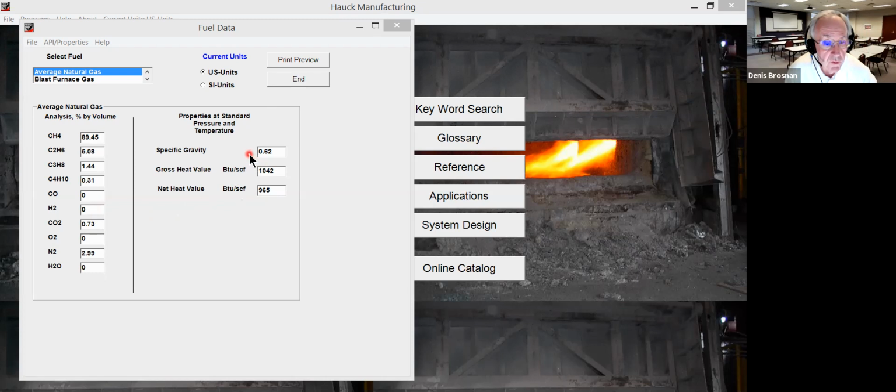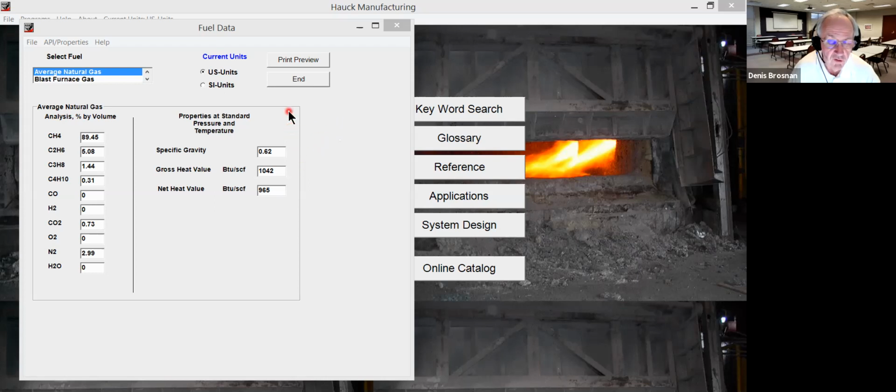Importantly, it gives you the specific gravity, sometimes called the gas gravity. The specific gravity of the gas is the weight per unit volume of the gas relative to the weight per unit volume of air at room temperature. So you can see that the specific gravity of this gas is lower than that of air at room temperature, which is 1.